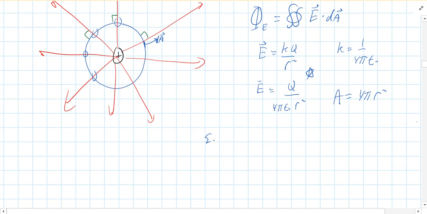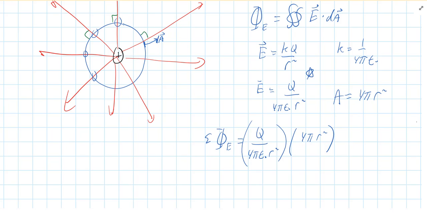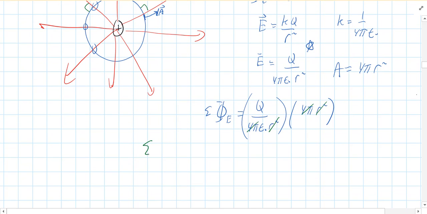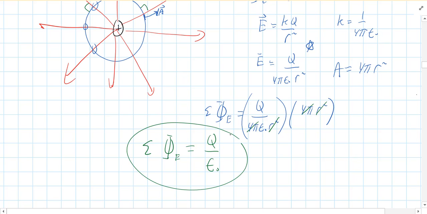So my net electric flux leaving that area is E, which is Q over 4 pi epsilon naught r squared, times the area of that sphere, which is 4 pi r squared. You'll notice that a lot of stuff cancels. The r squareds go away and the 4 pi's go away. And you get a very simple answer. The net electric flux leaving that closed volume is simply equal to Q over epsilon naught.